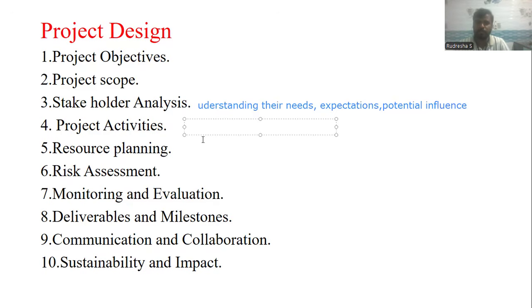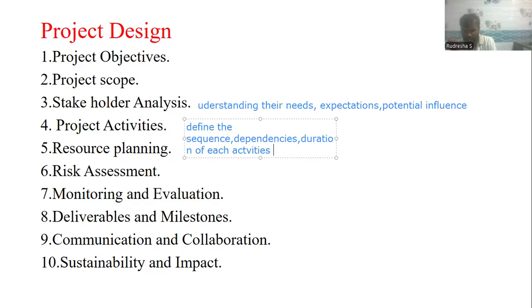First one, define the sequence. Second one, dependencies, and the duration of each activity.